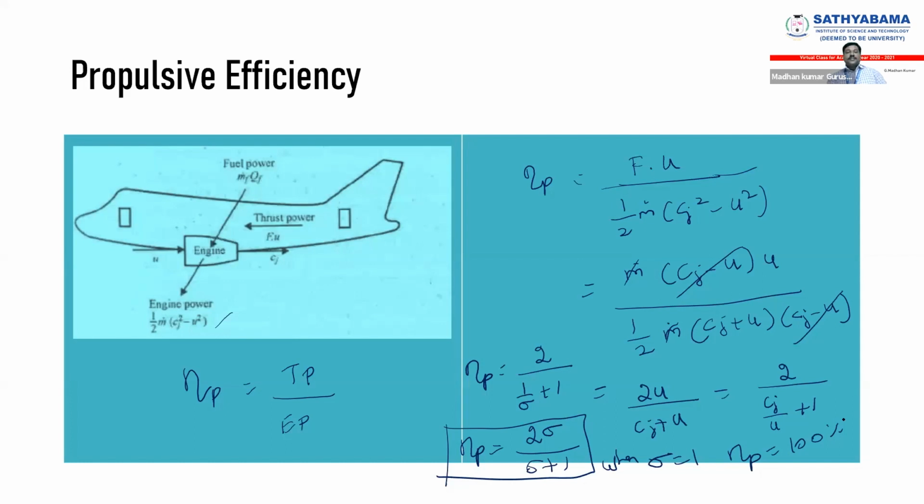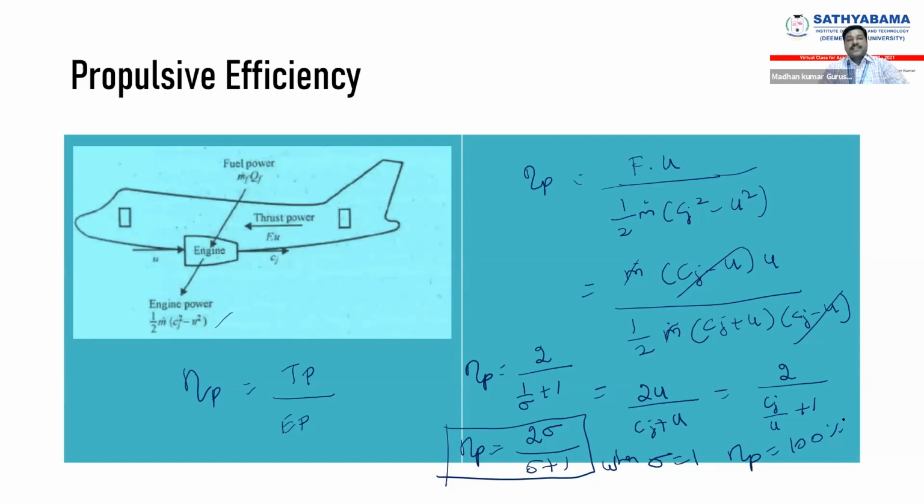So this propulsive efficiency is meant for all the cases, right? How much engine power is required for producing an equal amount of thrust power? The energy spent is the main case. So engine power is also an important thing. You have to calculate the kinetic energy of flow of gases from the engine power, and then estimate this propulsive efficiency, right?